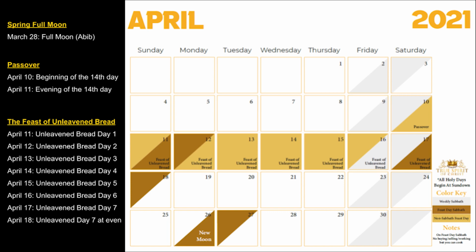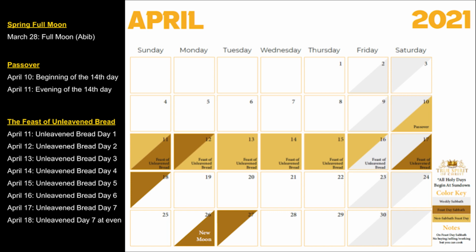As you know from Genesis 1, the nighttime represents a new day. So Passover, the 14th day, starts the evening of April 10th all the way through the evening of April 11th. The evening of April 11th brings us to the evening of the 14th day.